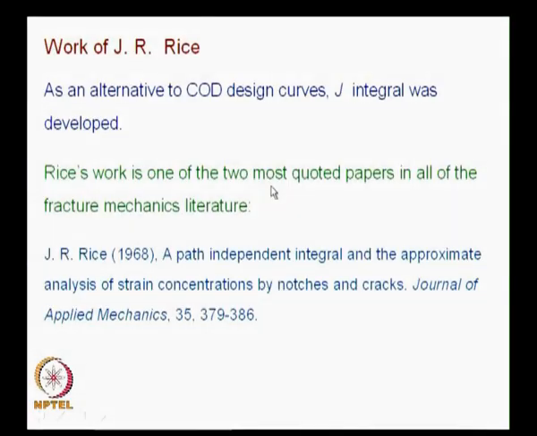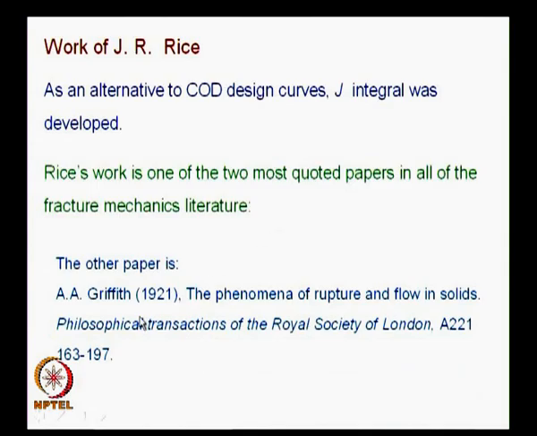So, I mentioned that there are two most quoted papers, and what was the other paper? The other paper was obviously one by Griffith, which paved the way for linear elastic fracture mechanics.